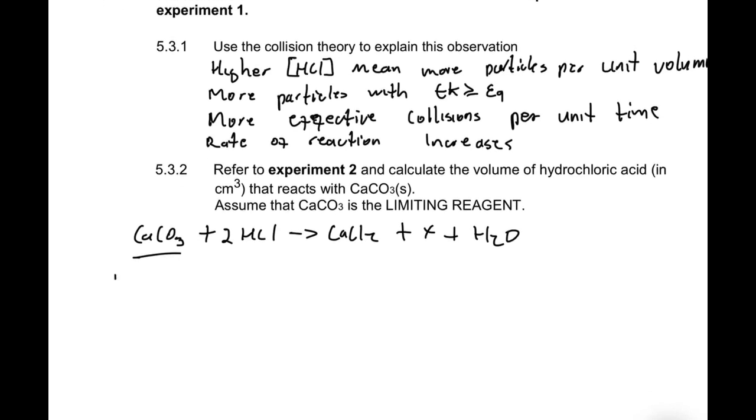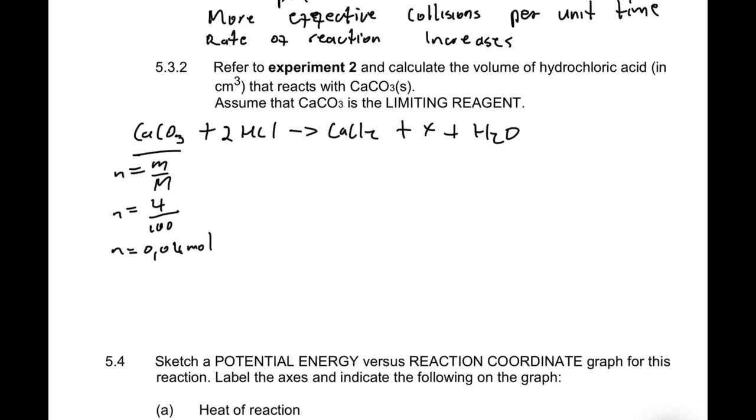So we know that the number of moles is the mass divided by the molar mass. The mass of CaCO3 is said to be 4 grams, right? And the molar mass of calcium carbonate is 100. And 4 divided by 100 will be 0.04 moles. So now we can use the balancing coefficients to find the number of moles of HCl.